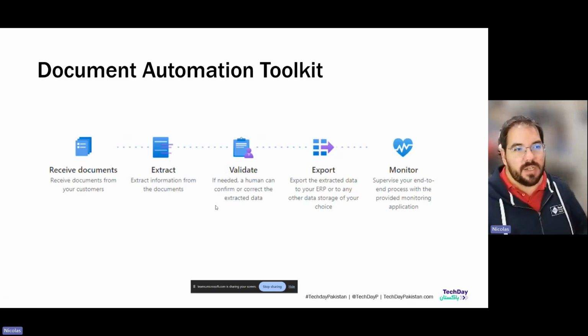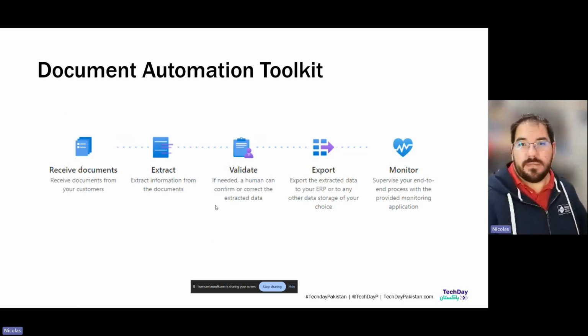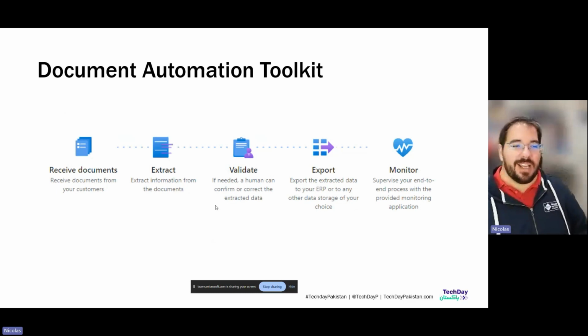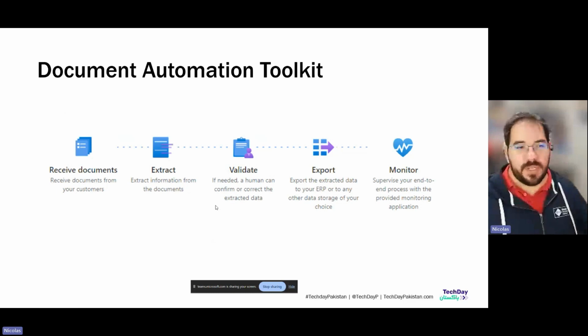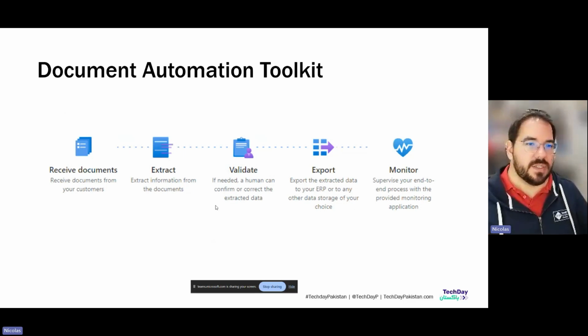Microsoft says, okay, you will receive a document, you will extract all the information, we can run some validations, but if needed, some human can go there, confirm, and correct data that is extracted, and then you can export this data to whatever you want, an ERP or any target of your choice.